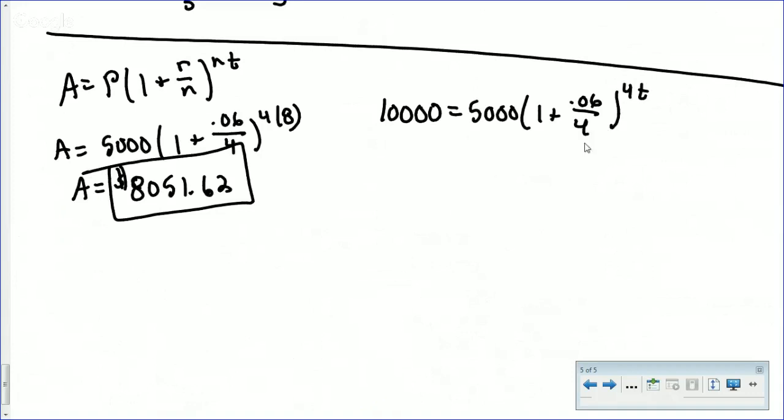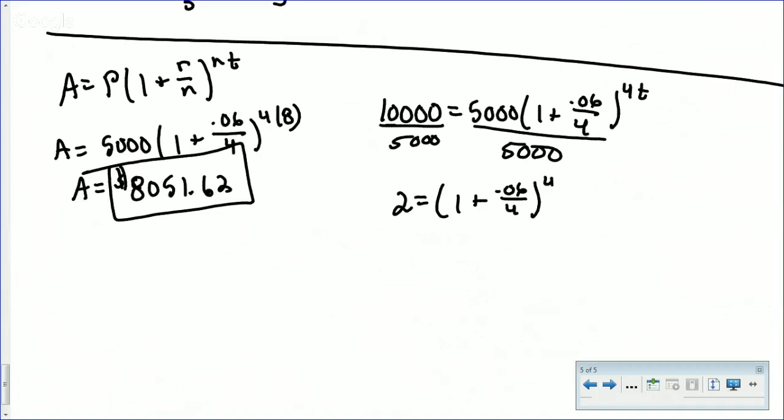So this time I'm solving for t. So we'll divide by 5,000. If we divide by 5,000, we get 2 equals 1 plus 0.06/4 to the 4t. Then we'll figure out what this number is.